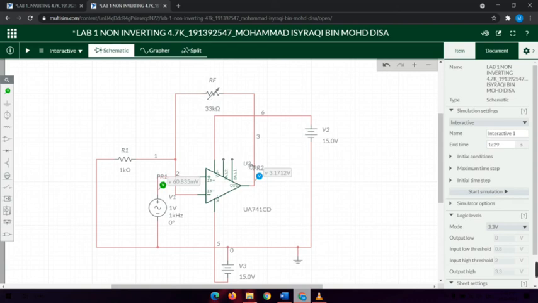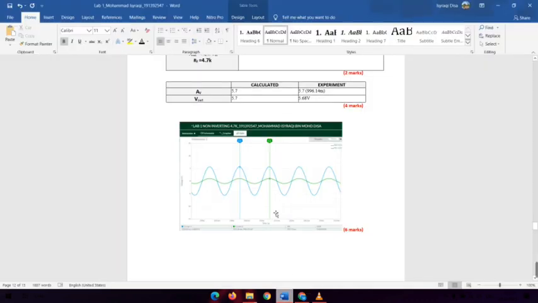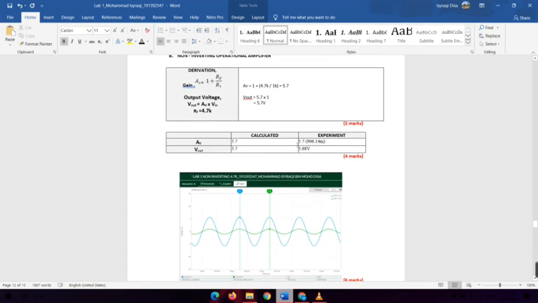After we have the calculated gain and Vout, we compare to the theoretical and experimental values. All of the calculated values are slightly the same as the theoretical and experimental values for both inverting and non-inverting operational amplifier.